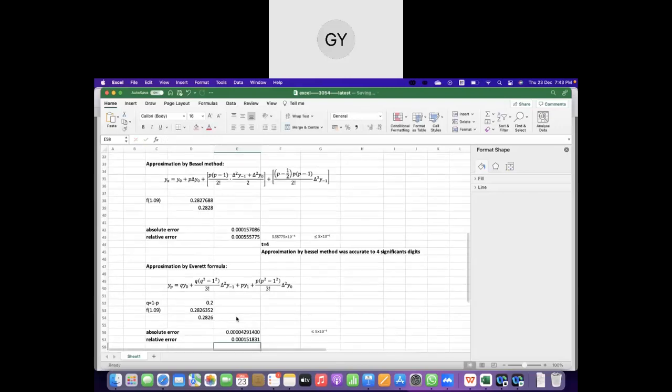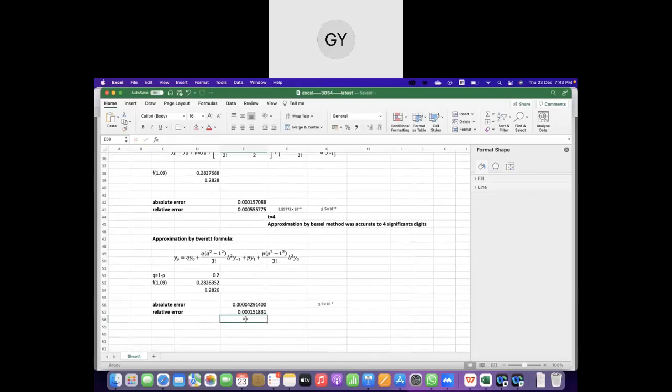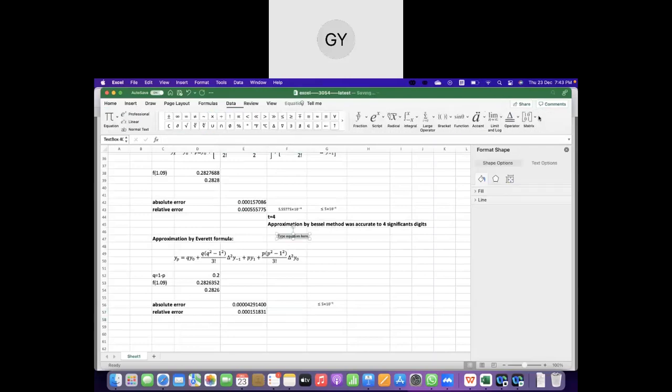So enter. Then the relative error for the approximation by the Everett formula is 0.0001511831.